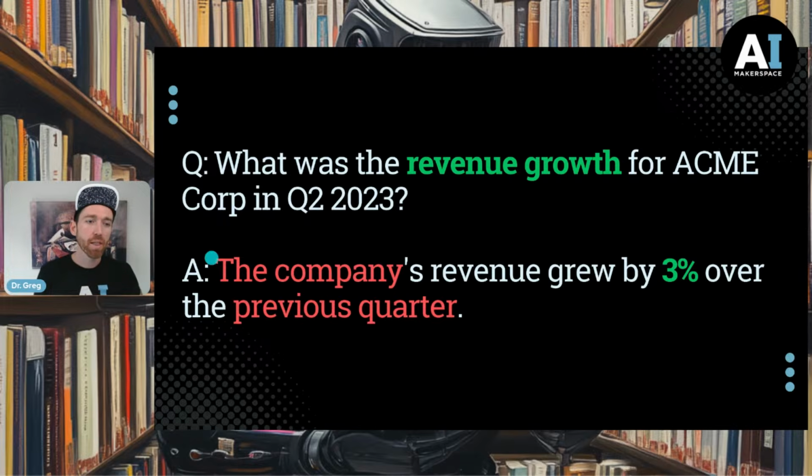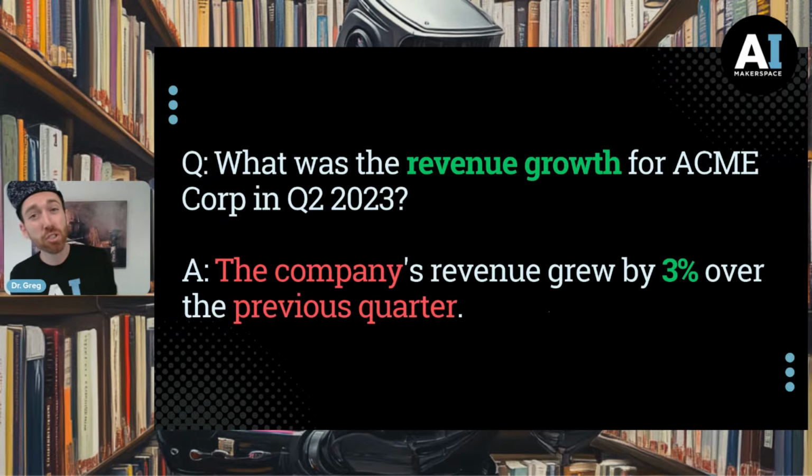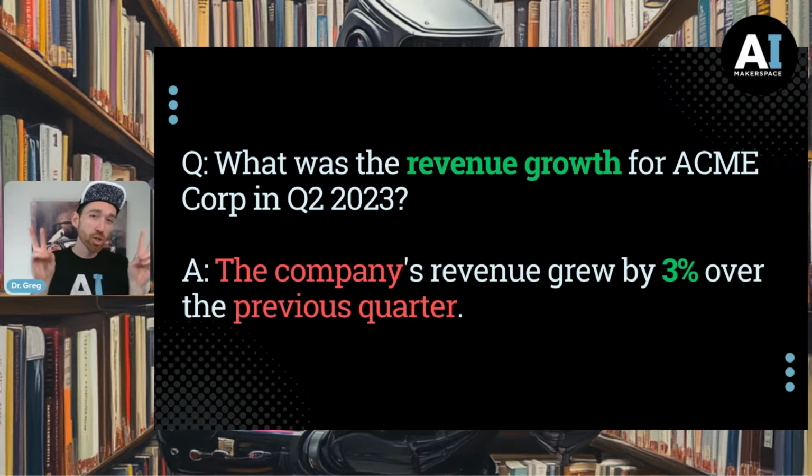We're actually putting the company and previous quarter into the prompt. We could obviously be a lot more specific than the company and previous quarter. In fact, we probably should if we had the golden chunk, right?